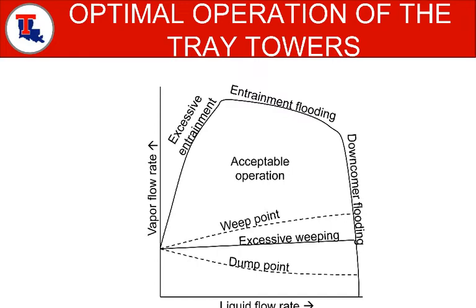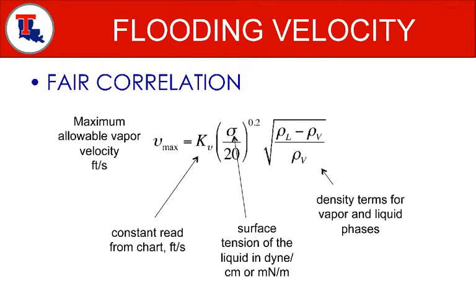Entrainment means you're now starting to hinder the liquid's flow across the tray. Sometimes, if you're operating at very high liquid flow rates, you can accumulate too much liquid on the top tray, and you can have a lot of flooding. So I hope using this diagram, I've explained the different kinds of conditions.